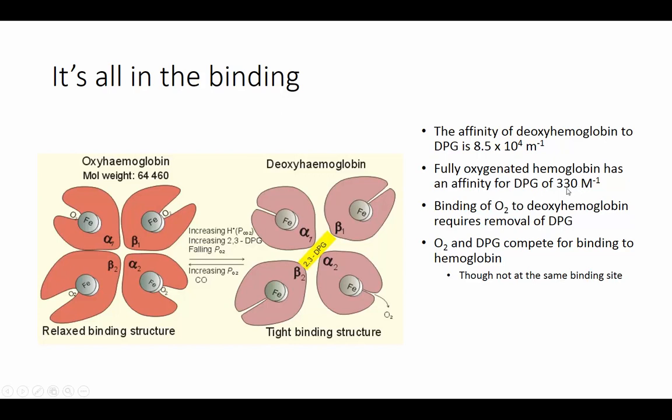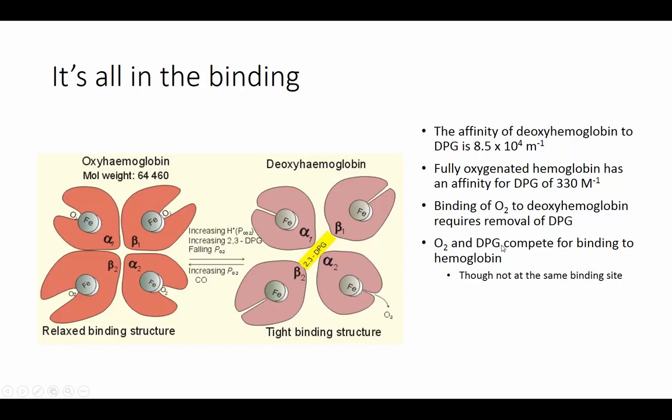So that tells us there's some sort of competition, not for the oxygen binding site necessarily, but some sort of competition in binding the hemoglobin between oxygen and this DPG. And the binding of oxygen to deoxyhemoglobin requires removal of this DPG.